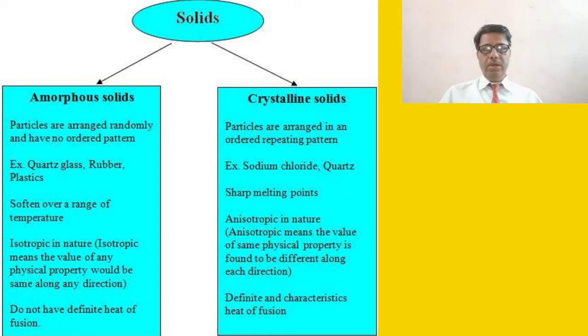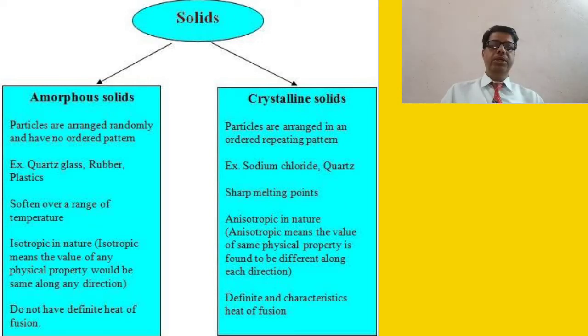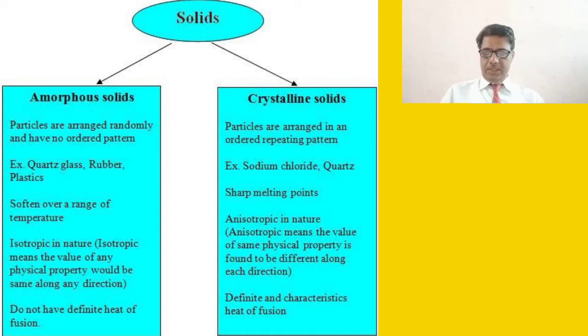Now students, next point, amorphous solids. Particularly here the arrangement is short range, so their particles are randomly arranged. Second, they do not have a sharp melting point because of the short range arrangement of constituent particles.